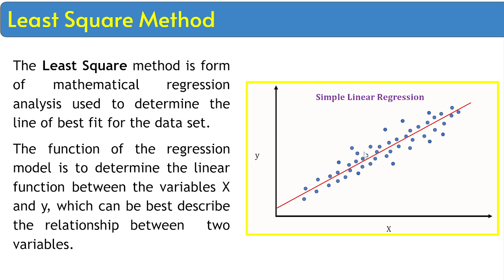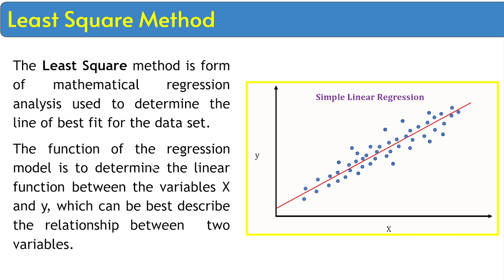These points are actual values plotted here, below the line and above the line, but the best fit line, the red line which you observe, is the regression line. So the distance between the expected or predicted line and the plotted or actual value. I should choose the line which can be the best fit for the data set.